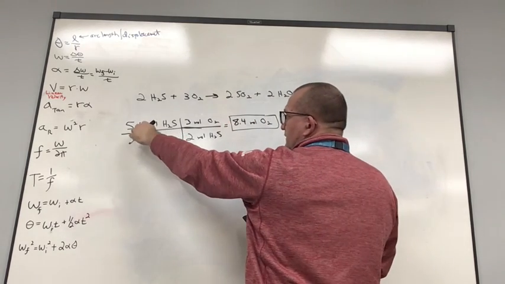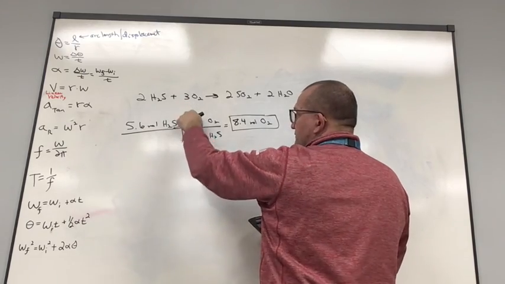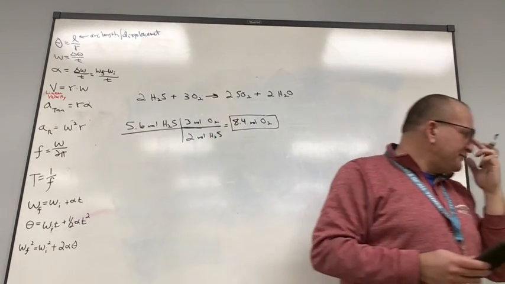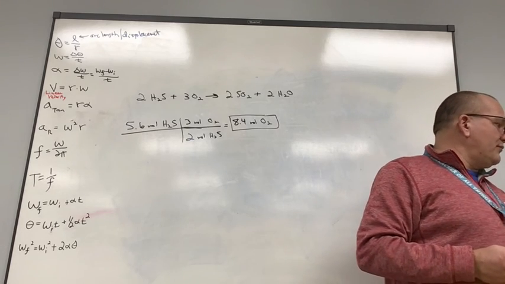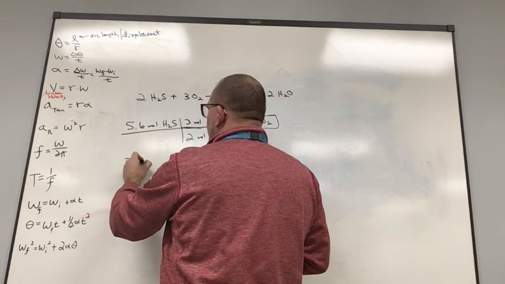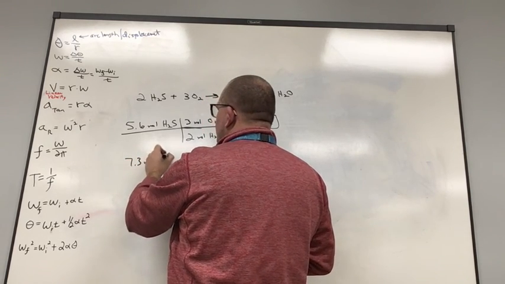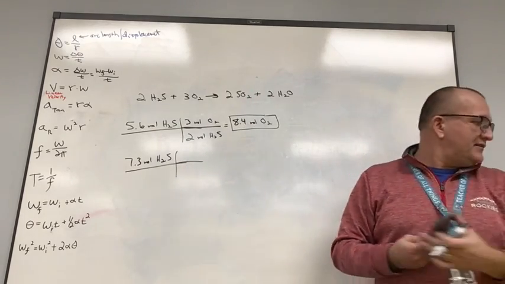So this is it. Where I start goes on the bottom, where I finish goes on top. Look at the next example. How many moles of SO2 will be produced when reacting with 7.3 moles of H2S? I have 7.3 moles of H2S to start, and I'm going to go from H2S to SO2.